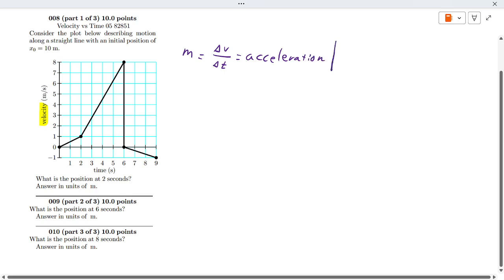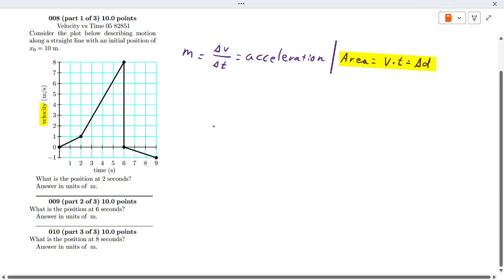And the area is equal to the velocity times the time, which is equal to the displacement. This is going to be the key idea for our problem today, using the area.